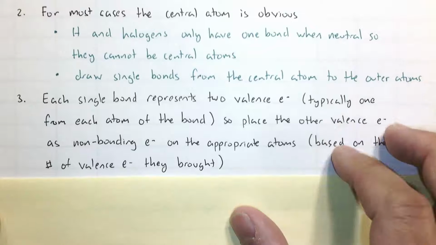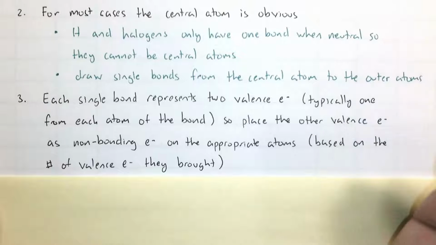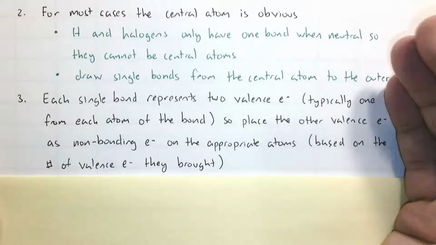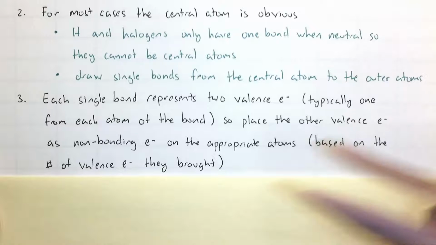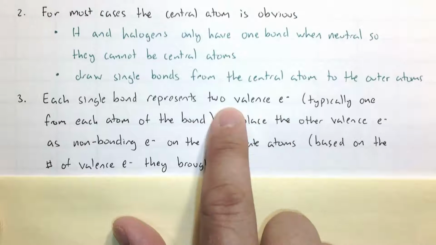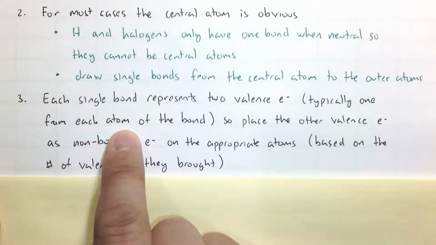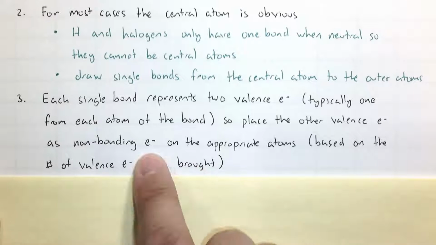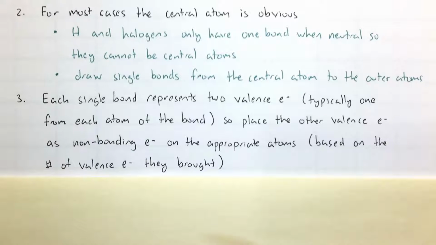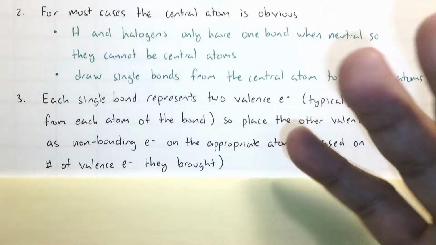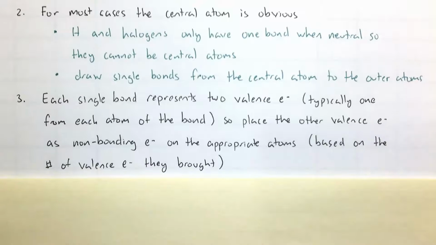So for instance, if I have an oxygen, it has 6 valence electrons. If one of those electrons is part of a covalent bond, because it's contributing to that bond, then we have 5 other non-bonding valence electrons that we have to take care of. And we're going to put those 5 dots around the oxygen, because the 6th valence electron was used to make a bond.